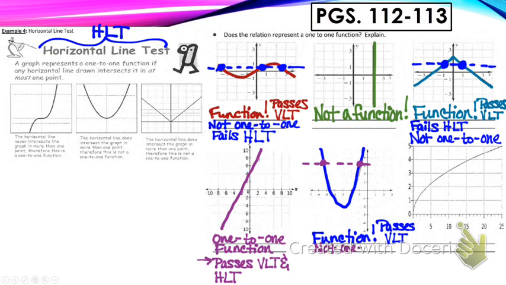What about that last graph? Does it pass my vertical line test? Yep. Does it pass a horizontal line test? Yes. So this one is also 1-to-1. So I would have the same thing on that one.